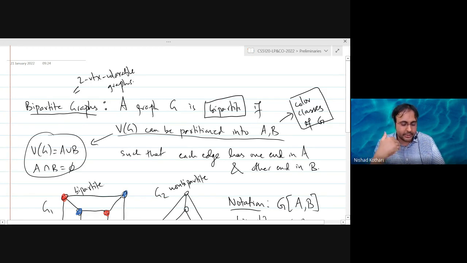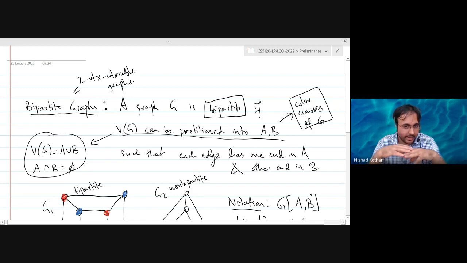So bipartite matchings, bipartite perfect matchings, minimum cost perfect matchings in bipartite graphs, all of these are significantly easier than the corresponding problems in non-bipartite graphs. And especially when we are going to do matchings, we are going to distinguish between these two cases.